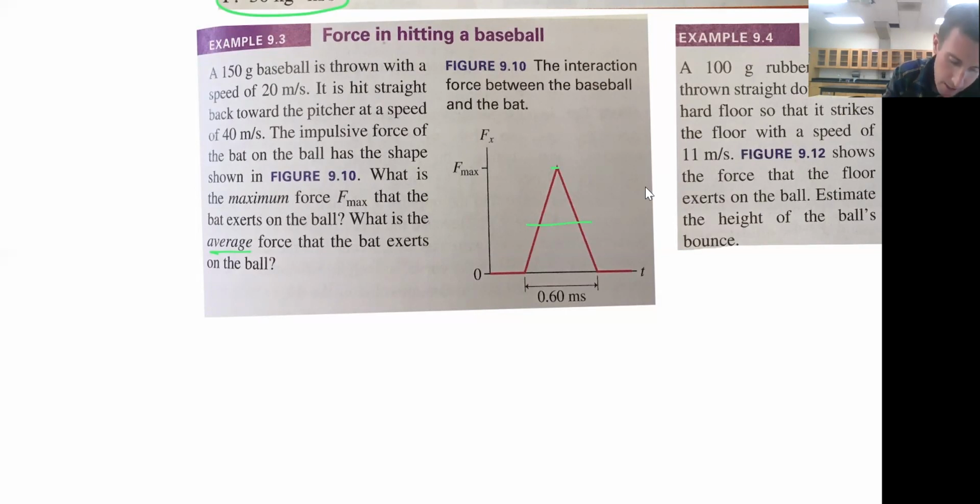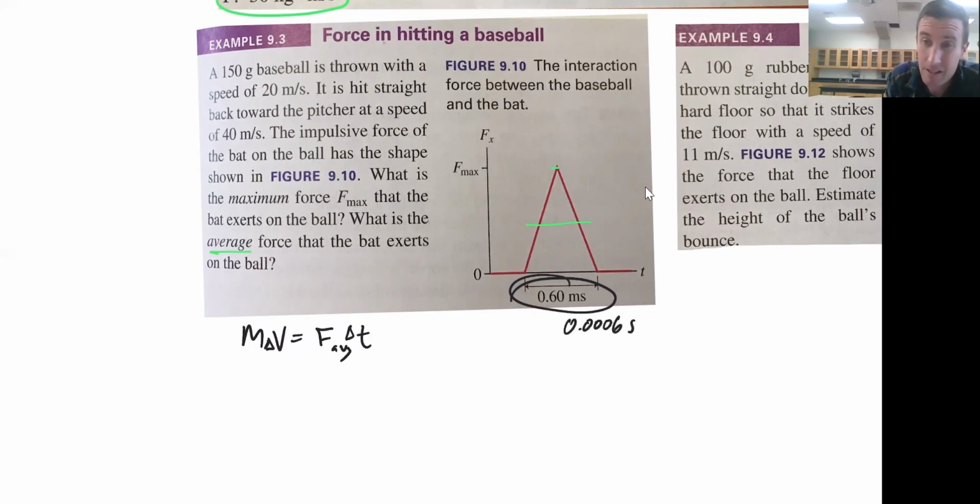So I know that mv is my momentum, and that'd be the change of velocity, and that's equal to the force average times the amount of time. And I have the amount of time right here, 0.6 milliseconds, which is 0.0006 seconds. So I'm going to convert it into full seconds.